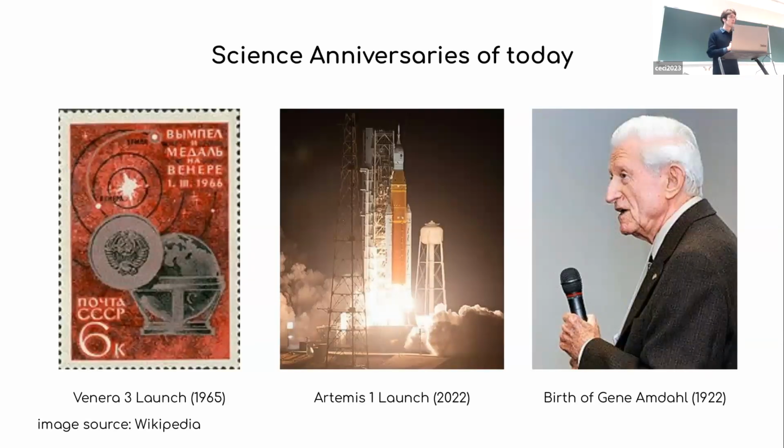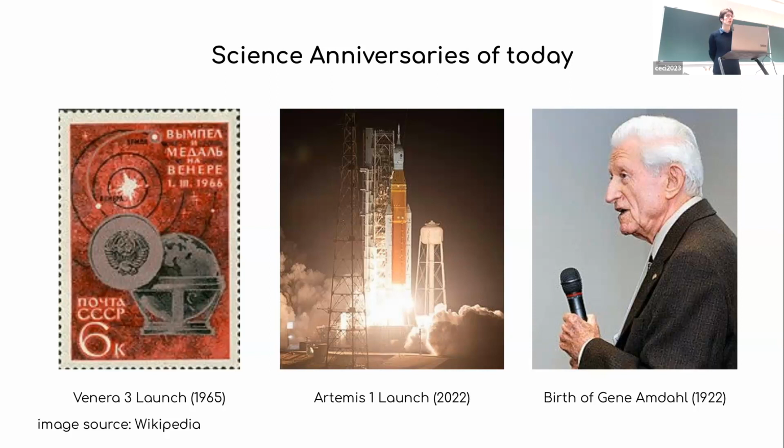Also on Tuesday, I started my presentation by mentioning interesting anniversaries on that date. Interestingly, on the 16th of November, there were 2 space launches, or actually 3, but I only kept 2. The Venera 3 launch, the Soviet probe that they launched in 1965, I think, around Venus.